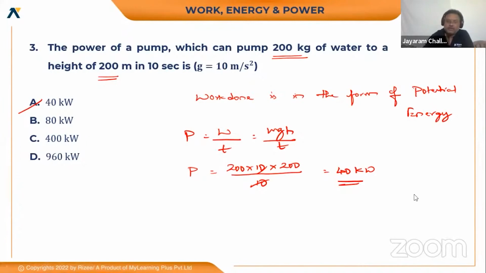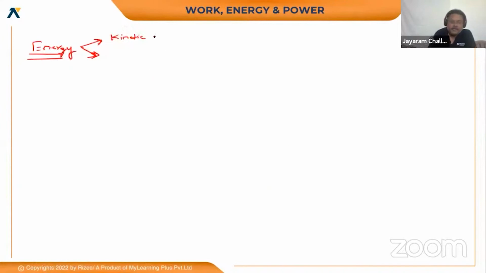Right. So energy, kinetic energy, and you are only dealing with mechanical energies here. Kinetic energy is by virtue of motion. Potential energy is by virtue of position. The general formula for kinetic energy is half mv square.